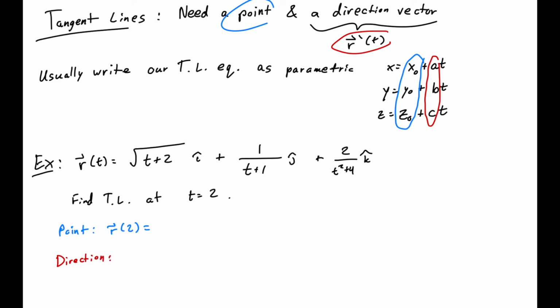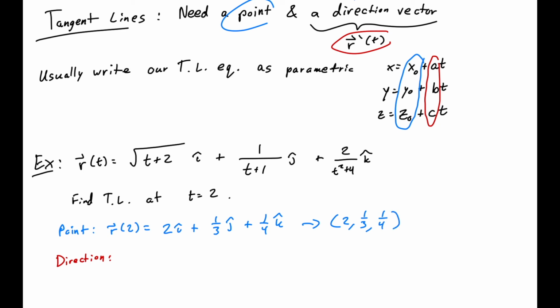So r of 2 should have been 2 in the i component, 1/3 in the j component, and 1/4 in the k component. This gives us an initial point. Okay, it's a vector. But remember, there's an equivalence between position vectors and points in the obvious way: 2, 1/3, 1/4.